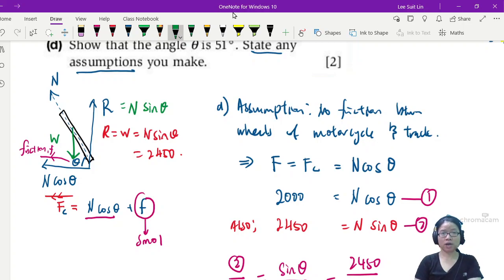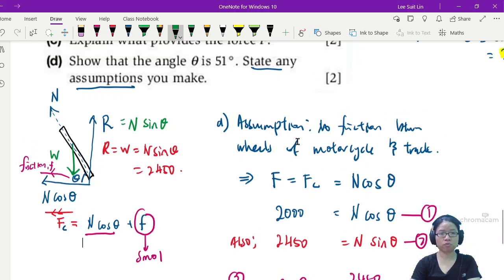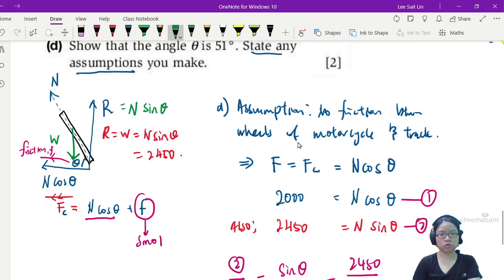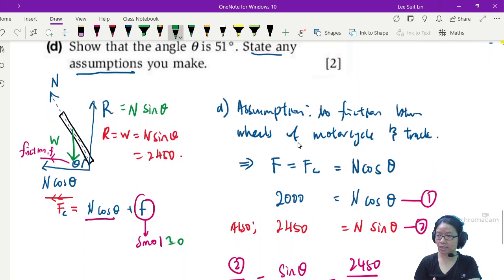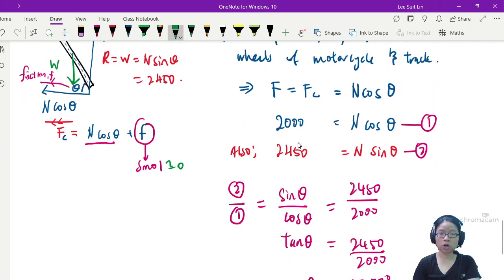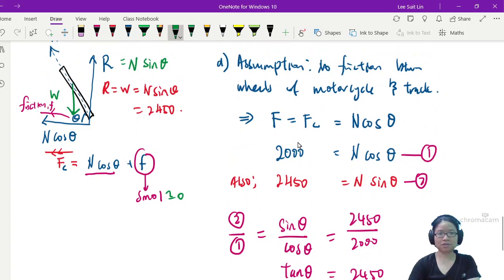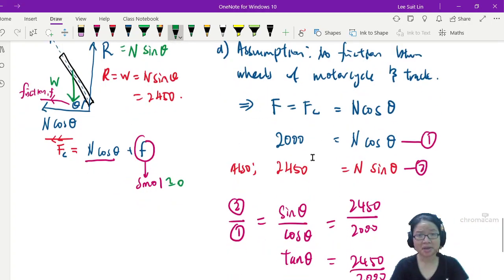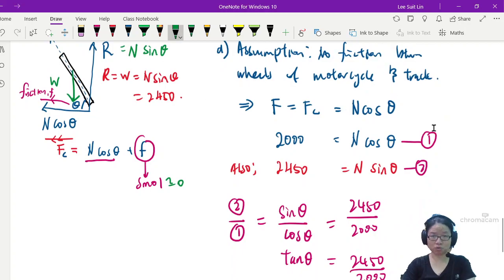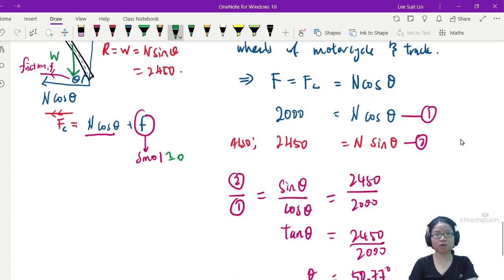So to answer this question of small or equal to 0, and to explain what provides the force F, it is not friction anymore. It is not friction because, number one, the question didn't mention that there's friction. And number two, if I make the assumption that there's no friction, then centripetal force is totally provided by the, whoops, sorry, my OneNote is laggy.